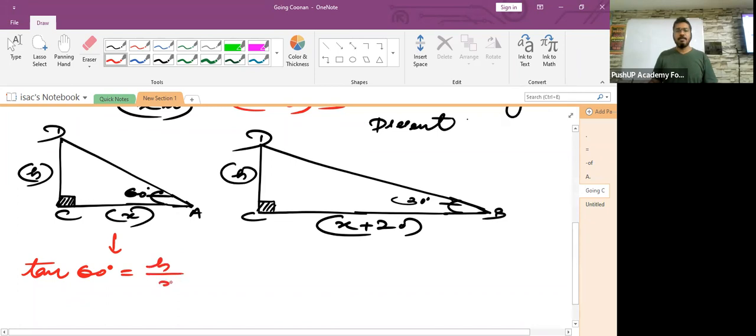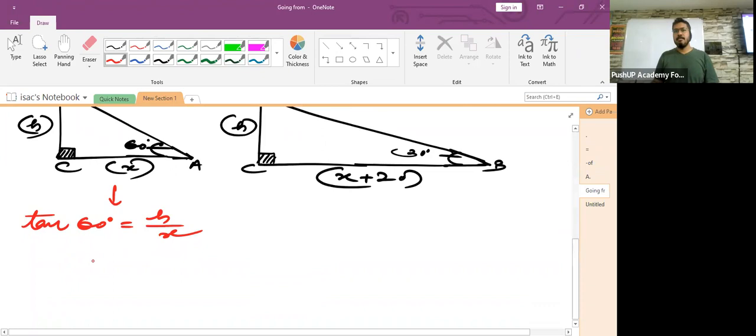H upon X. Tan 60 is root 3. Very good. So you get root 3 is equal to H upon X. Right? This is my first equation.